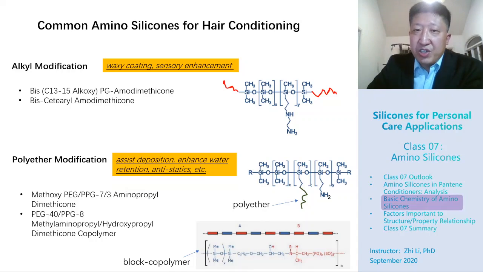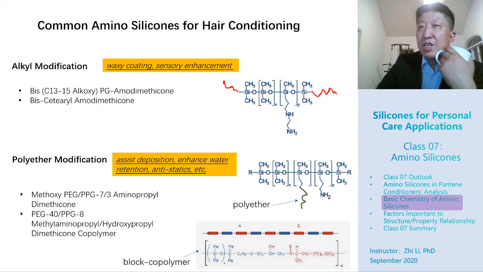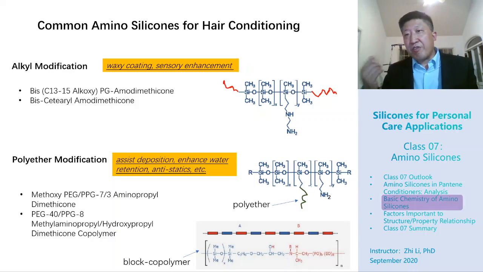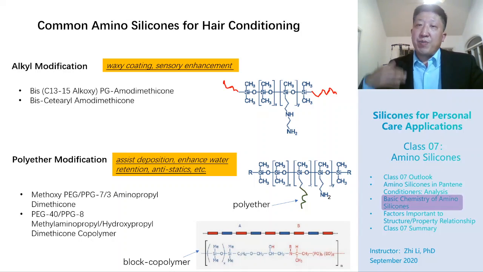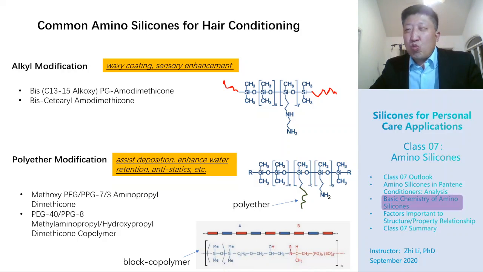Another modification is polyether modification in addition to the aminos. The understanding is, I can talk a little bit more here, that with polyether functionalization, this potentially is going to assist deposition. I talked a little bit in past classes about non-functionalized PDMS.